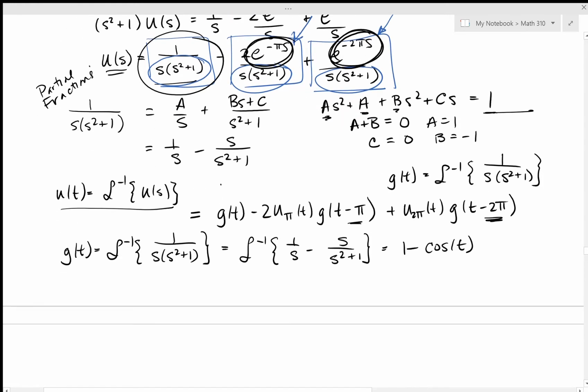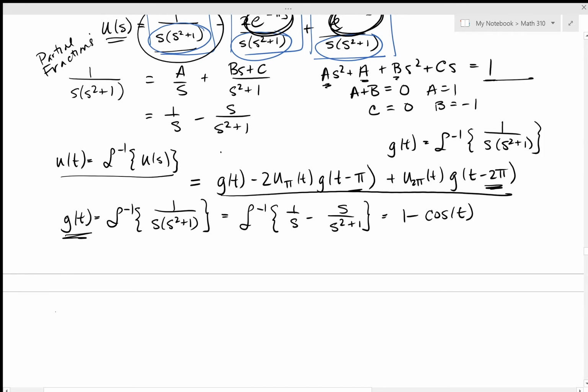So now I can combine that information for g of t with this information here for u of t to write the final expression for u of t. U of t is going to be 1 minus cos t, that's g of t, minus 2 u pi. This is a little bit confusing. This is u of t, the spring displacement. Getting to this stage, I realize maybe I should have used something else for the spring displacement, but I wanted to stick with it.